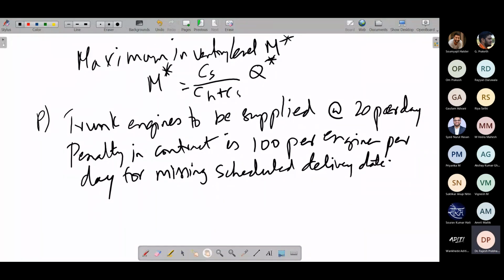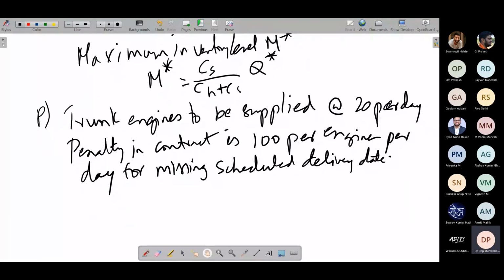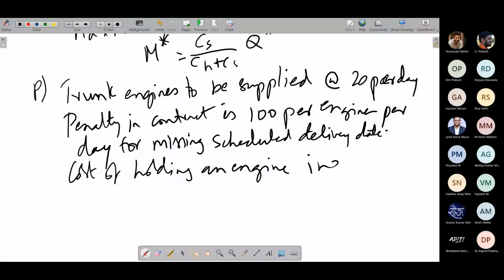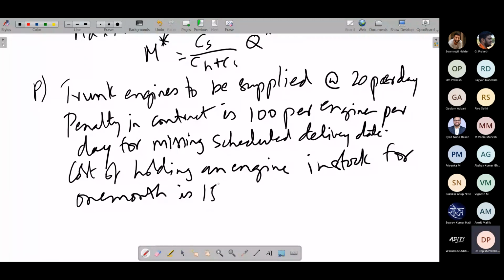The cost of holding an engine in stock for 1 month is 150.